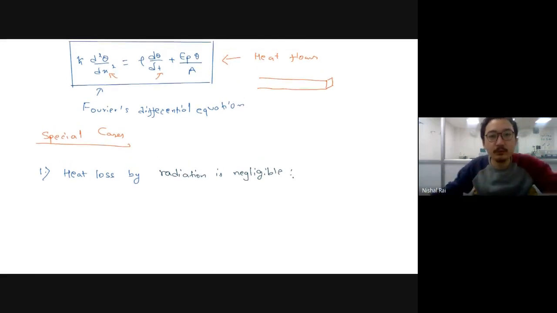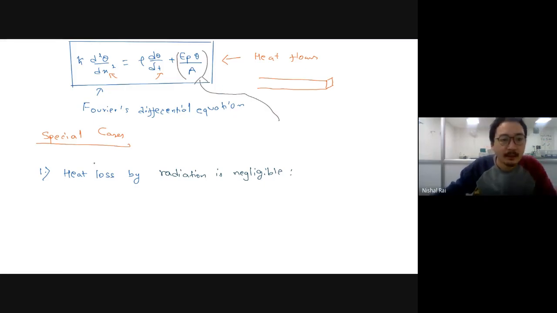In this case, what you can do is ignore this term, which is sitting over here, because this is a term which is coming from radiation. At this limit, you can ignore this term, and finally you will end up with what?